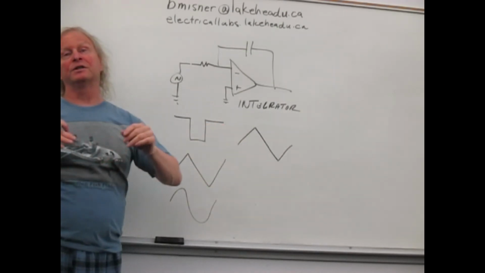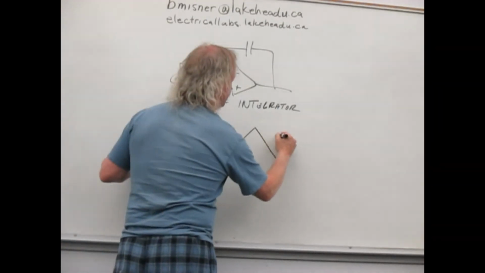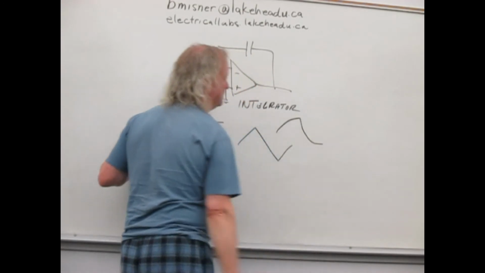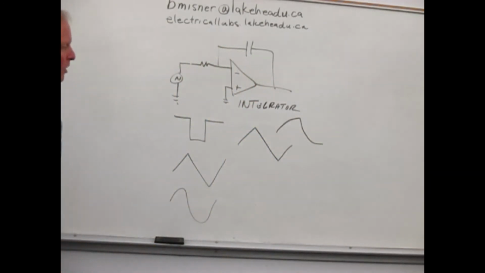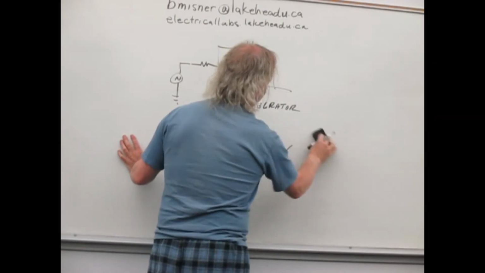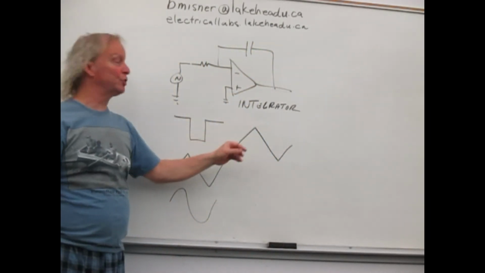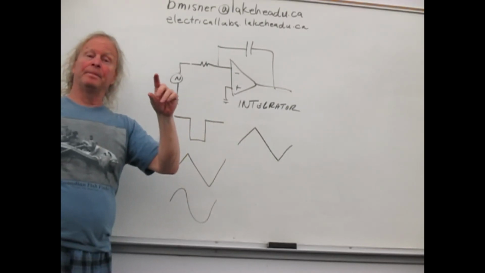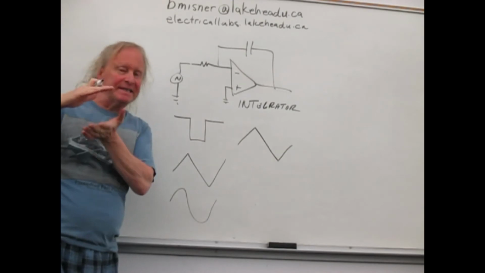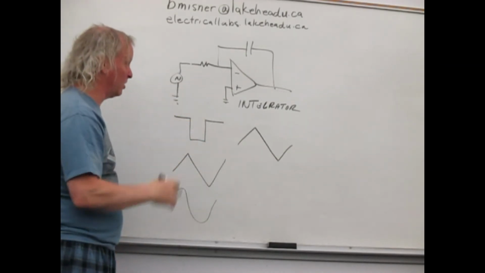If we were to use a slower frequency, what we might see is something like this. And that's not what we want. One of the things that happens too, especially with this integrator, is that we're using just that initial charge, so the output, in order to make it look triangular, gets attenuated quite a bit, because we're just using that first little bit of charge.